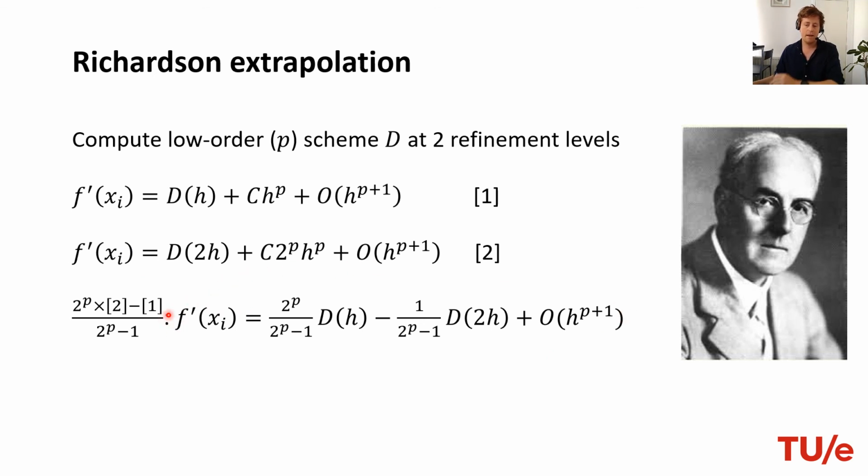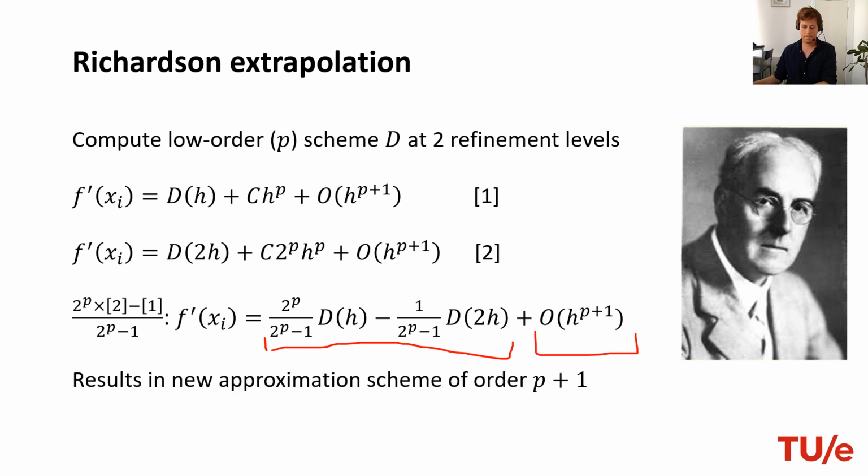So using a scheme of order p, by evaluating it twice and combining those two formulas, we are able to come up with a new scheme, with an error which is of order p plus 1. So this results in a new approximation scheme of order p plus 1.